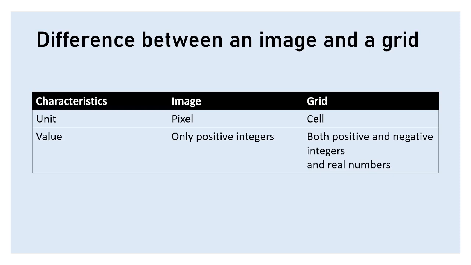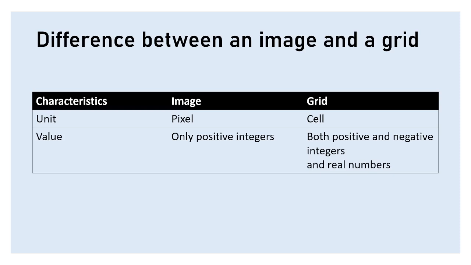For example, if you are buying a phone and you are very interested in photography, then you'll look at the pixels, right? We even have cameras with 48 megapixels. So in images, the basic fundamental unit is the pixel, and in the case of grid data, the basic fundamental unit is the cell.